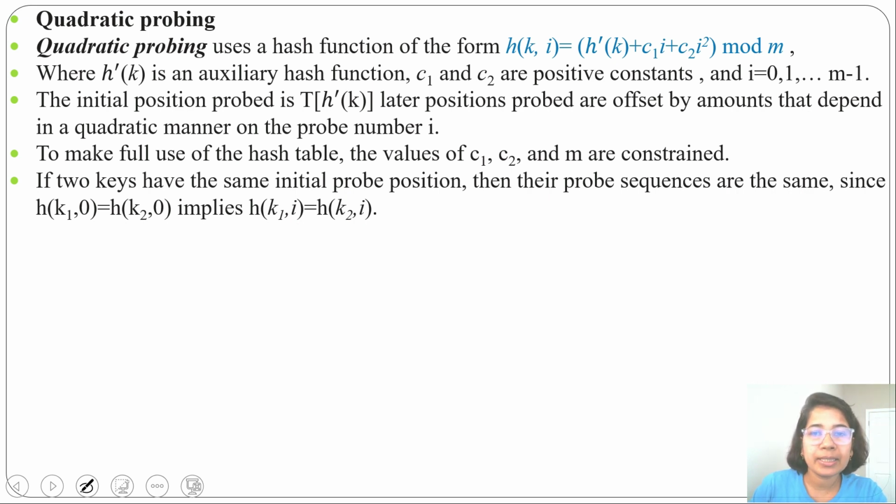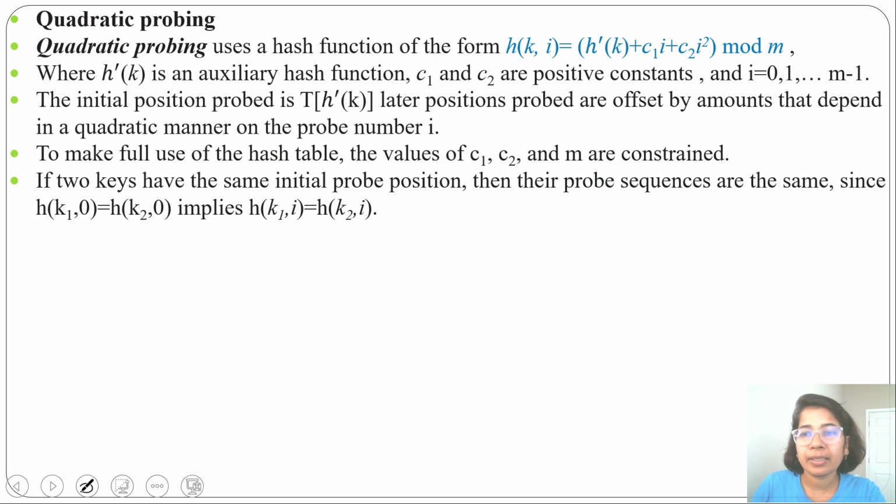Suppose k1 is inserted in the hash table, then for k2 there will be no place as k1 is already filled in that sequence. So in quadratic probing, a situation may arise where we will not get a slot for a key. There will be an empty slot but we will not get a place for the key.